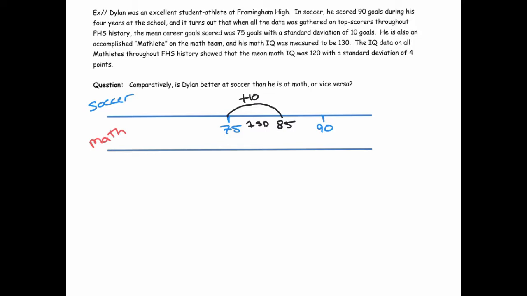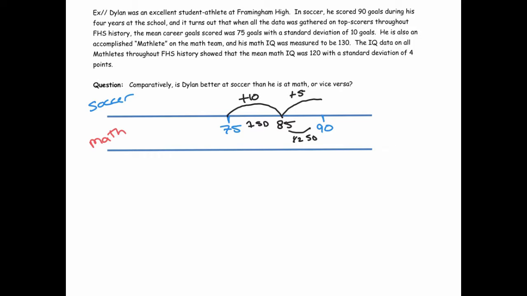Now I can't jump a whole other standard deviation because that would bring me to 95, so I'm going to jump one more half. That's 5, which is half a standard deviation. Let me write this out explicitly.